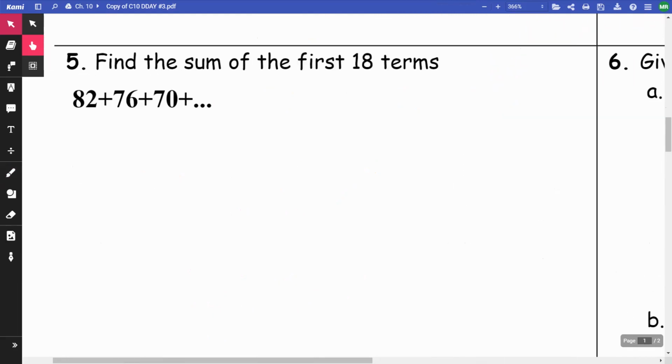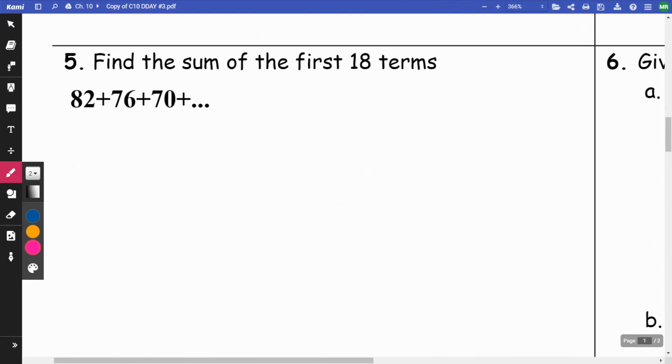So on number 5, this time we want to find the sum of the first 18 terms. And looking at this, it looks like I'm subtracting 6 each time. So that's going to be my D. This is going to be arithmetic.